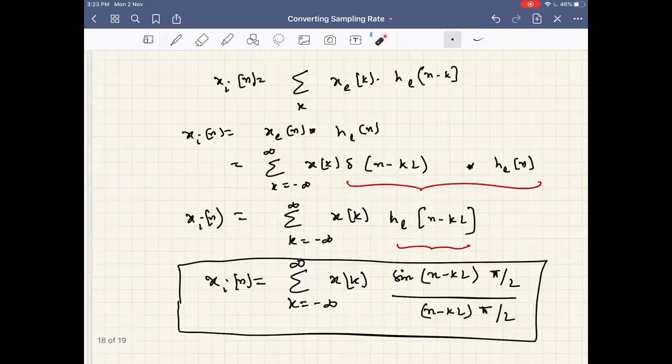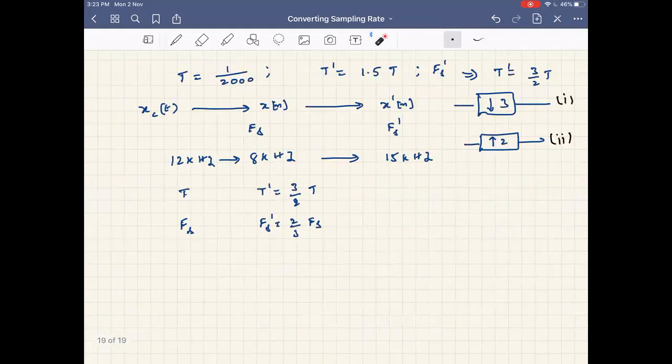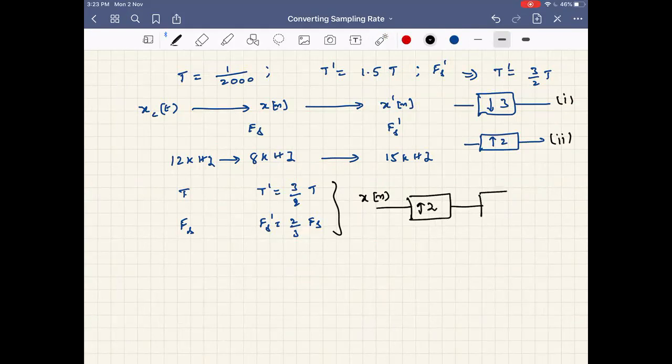In any operation where we want to do sampling rate conversion by fractional amounts, we first perform upsampling. Say x[n]: first we would like to do upsampling by 2 times, and then downsampling by 3 times, to get x dash of n. So this is the sequence. Always first perform upsampling, then downsampling.